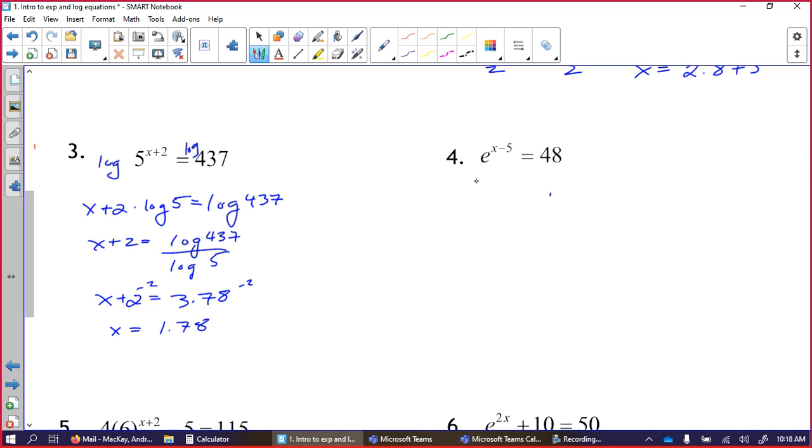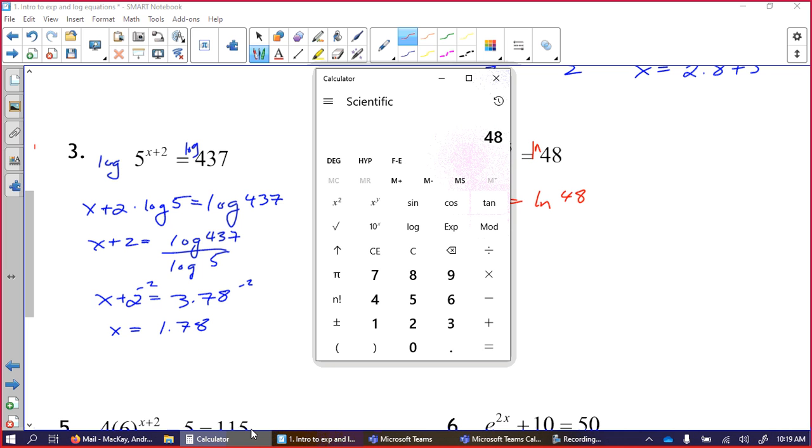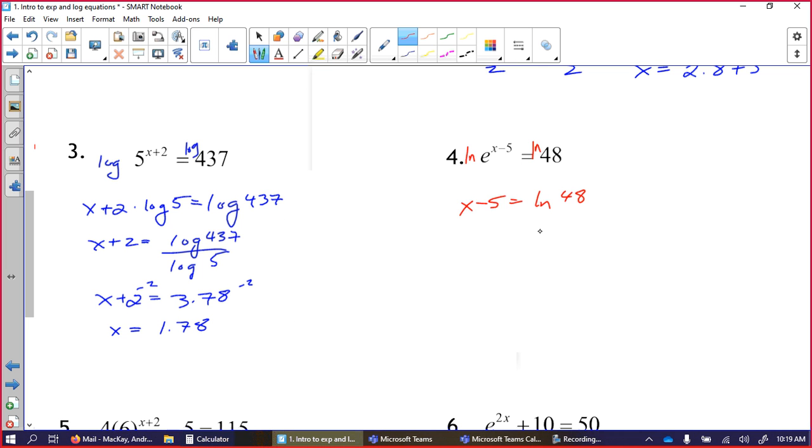This one here, if the base is e, what would we do? Well, I'm not going to log both sides. I'm going to ln both sides. Because the ln of e to the something, well, that's x minus 5 is the natural log of 48, which is 3.87.